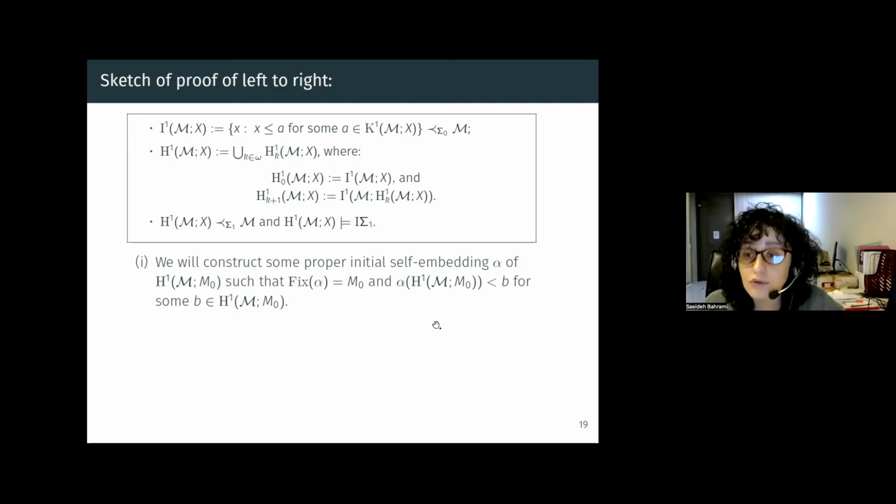Saeideh, can I ask you, sorry to interrupt. Are there some analogs for n rather than 1? Would it work the same? Yes, we have the same.